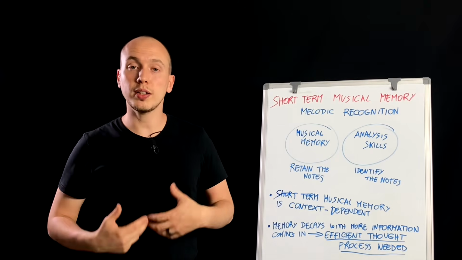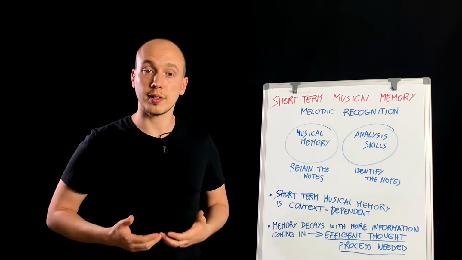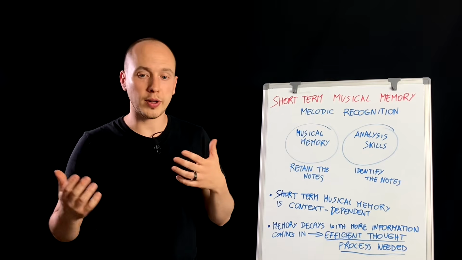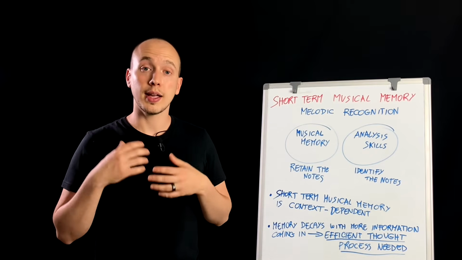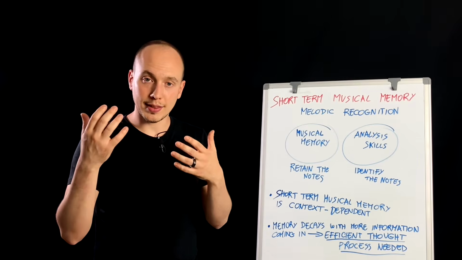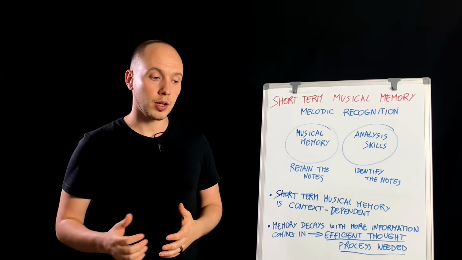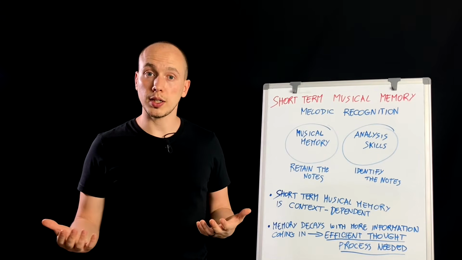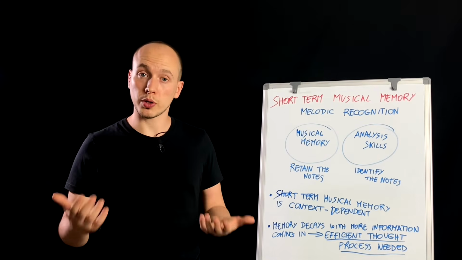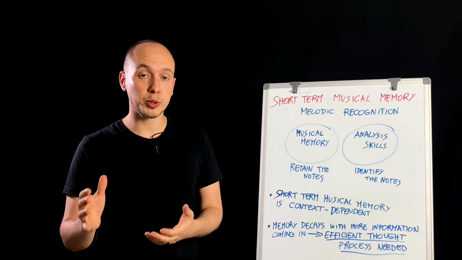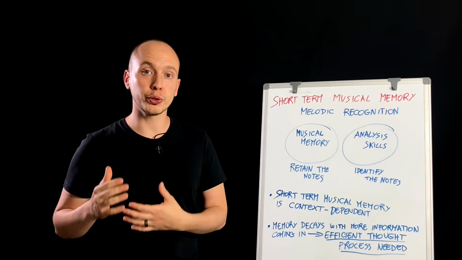You can really develop your own vocabulary that allows you to express whatever you want to express without having to think that much. The same thing happens in music. And this tonal vocabulary is what allows your short-term musical memory to really grow and become more efficient.